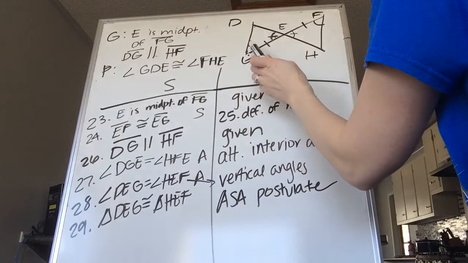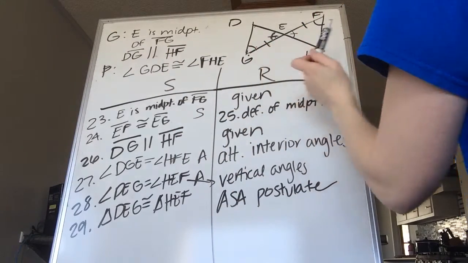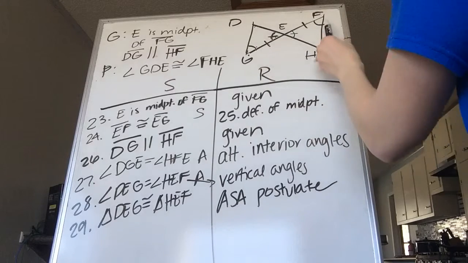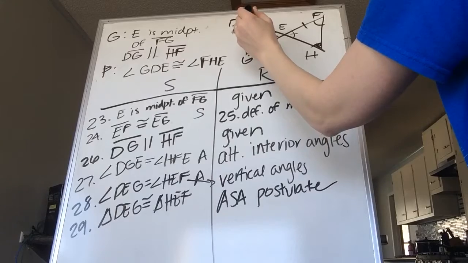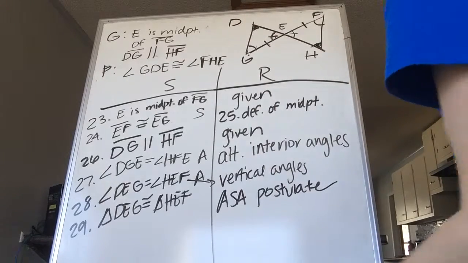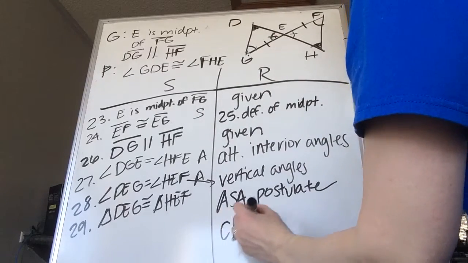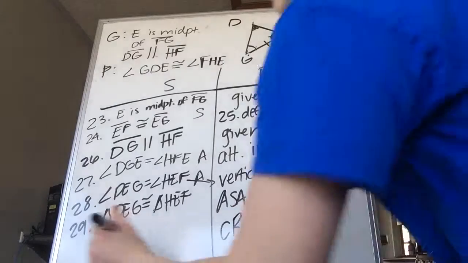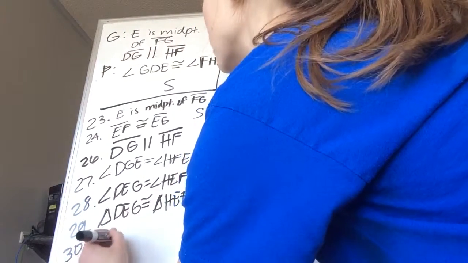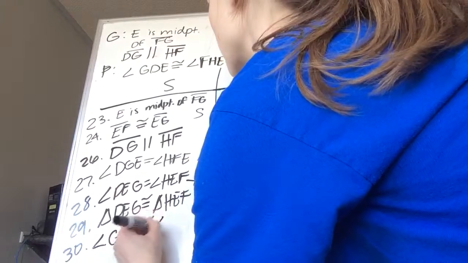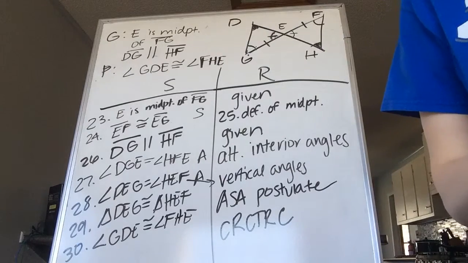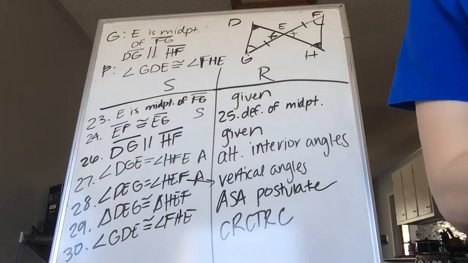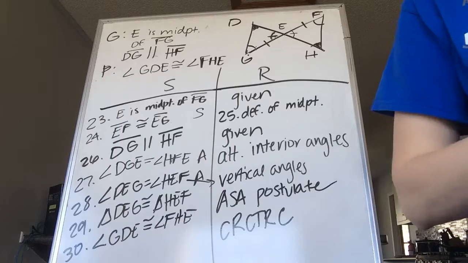They want us to prove that angle GDE and angle FHE are congruent to one another. Well, now we can, because corresponding parts of congruent triangles are congruent. So we can say that angle GDE is congruent to angle FHE. Okay, so that's the end of 25A. And make sure to follow the email for all the directions that you'll need.